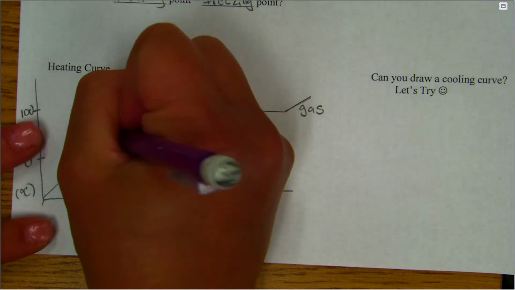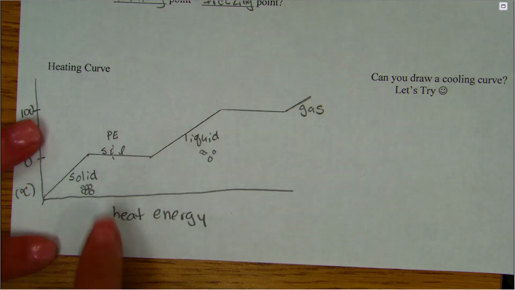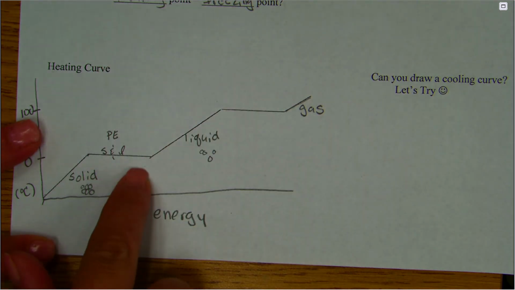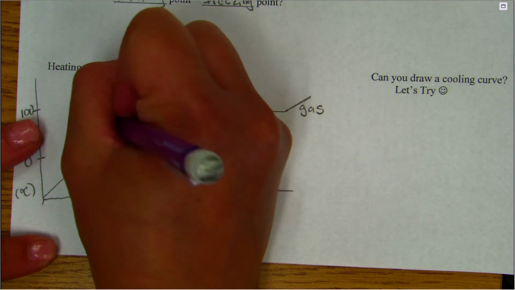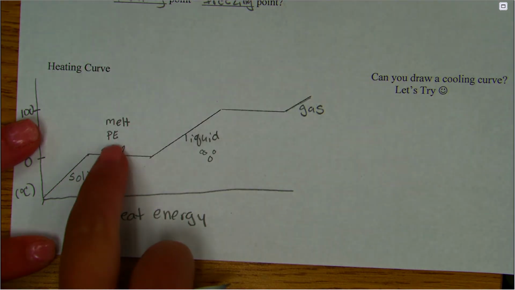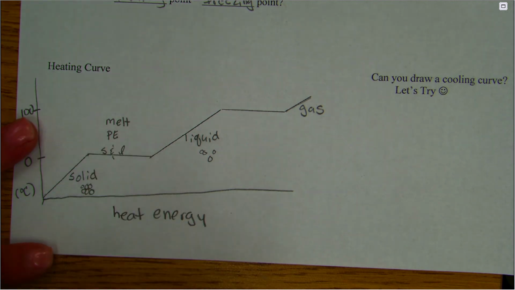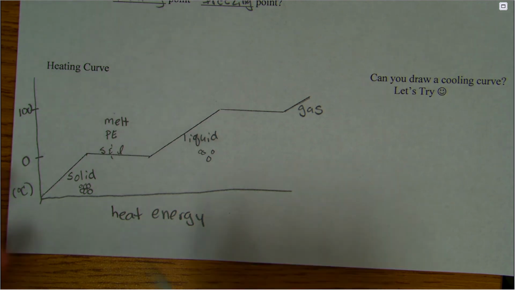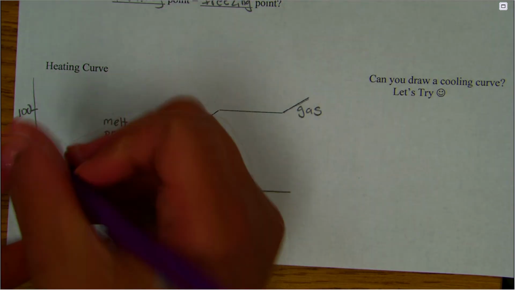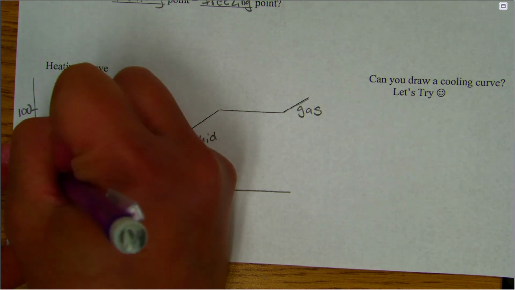That's potential energy. So at this point, when I go from a solid to a liquid, and we do call that melting, this is where we melt, we say these have potential energy because the spacing of the particles is increasing.